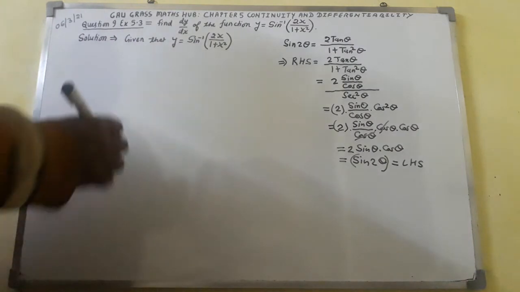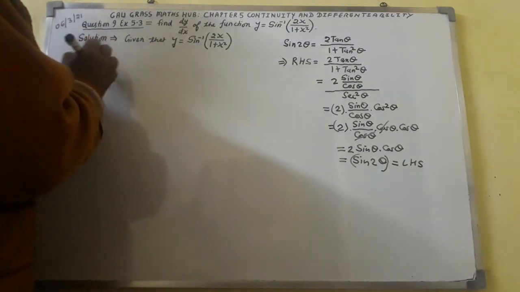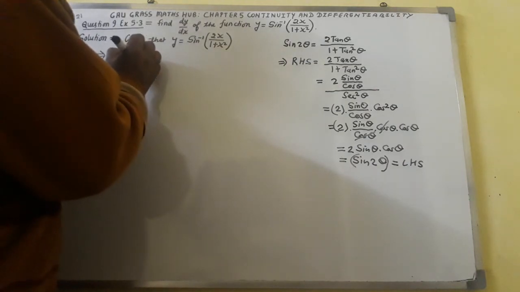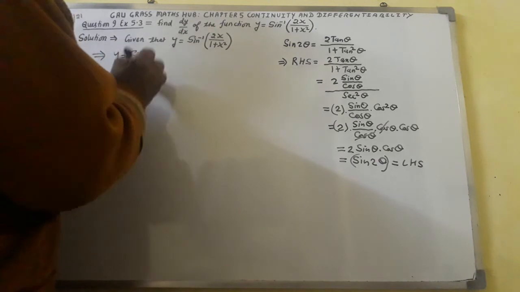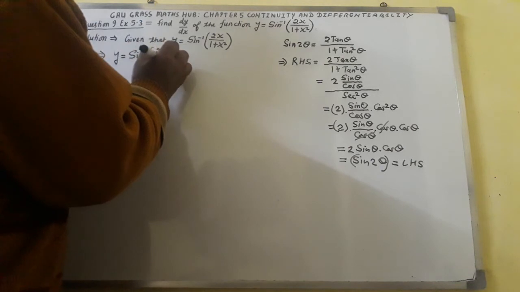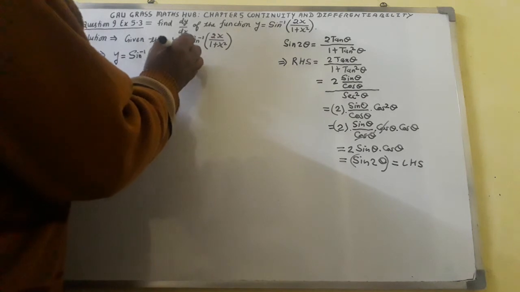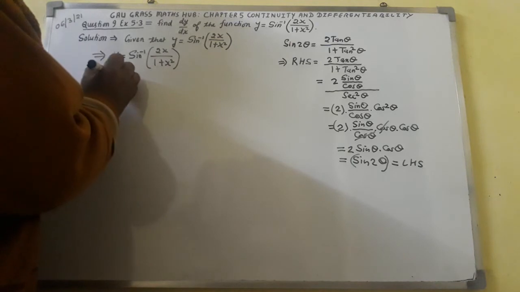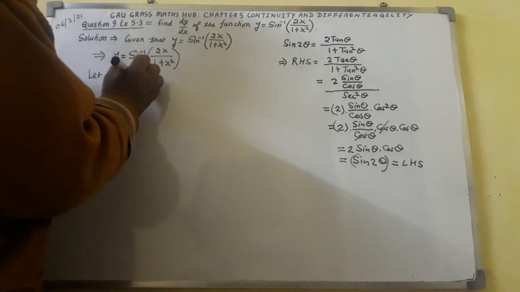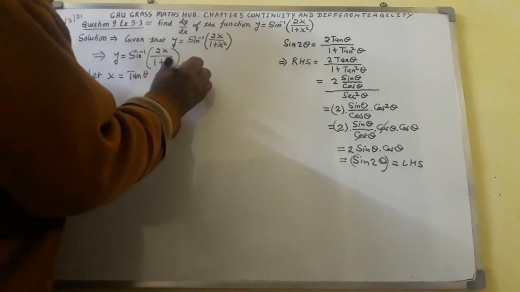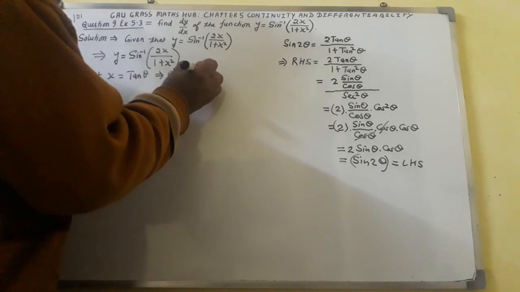So here I shall write, implies that y equal to sin inverse in bracket 2x over 1 plus x square. So here I say let x is equal to tan theta, implies that theta is equal to tan inverse x.